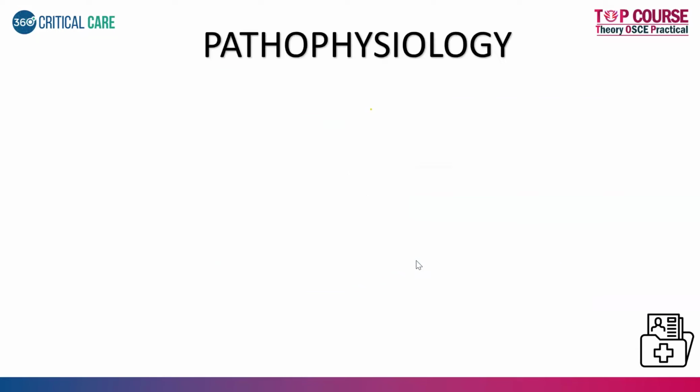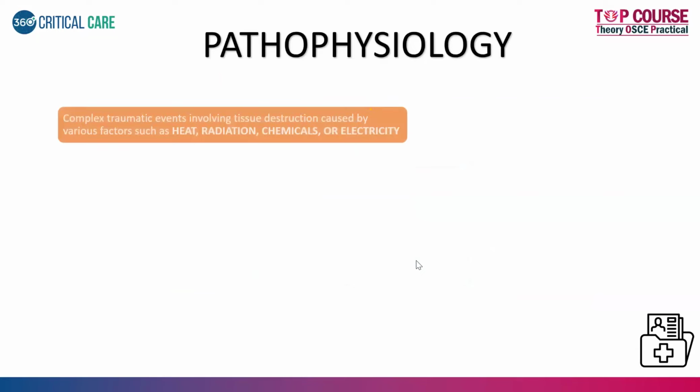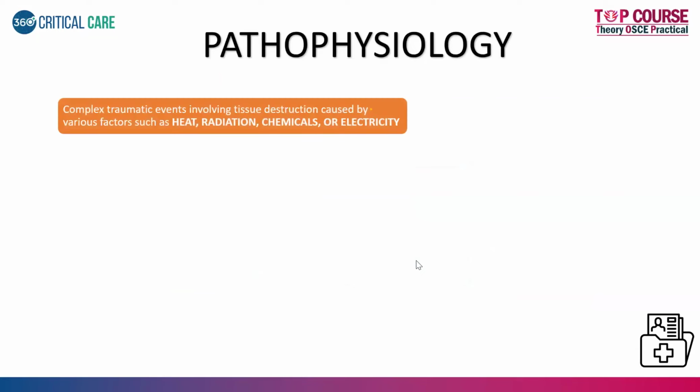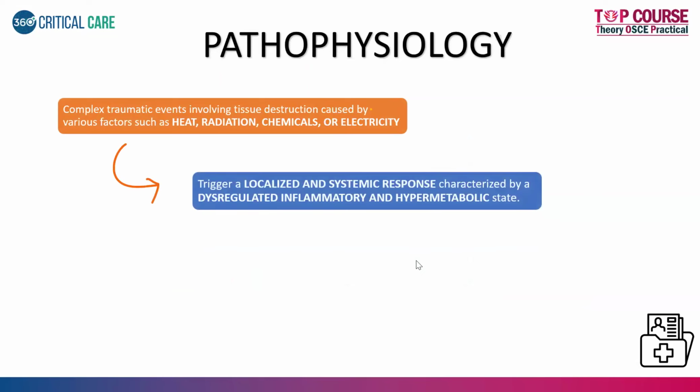Coming to the pathophysiology of burns, usually it's a complex traumatic event causing tissue destruction, which can either be due to heat, radiation, chemicals, or electricity. When this event happens, it triggers a localized reaction, which causes a dysregulated inflammatory and hypermetabolic state at that particular place.